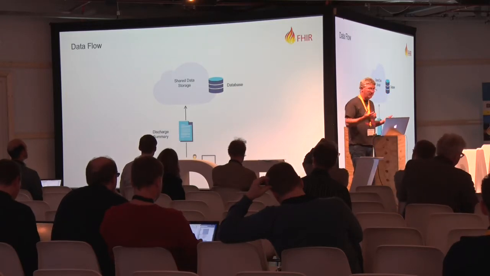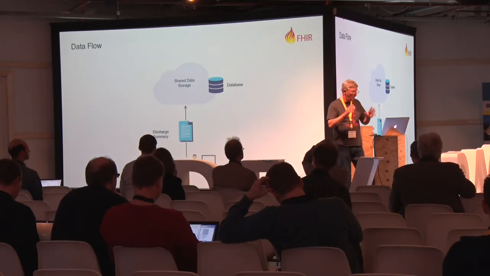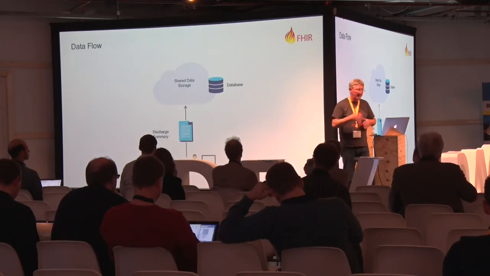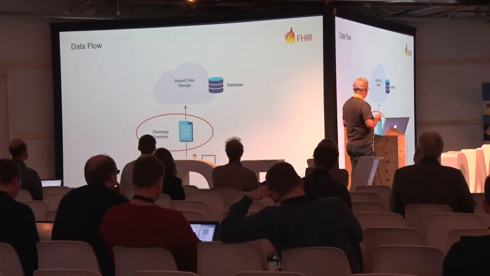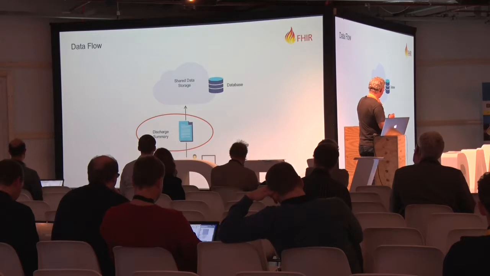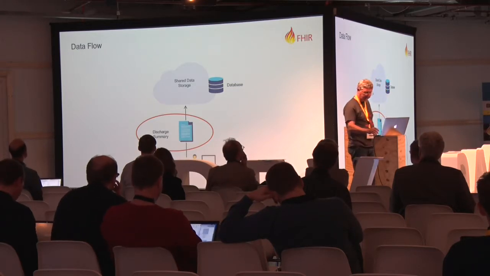Now, this won't always be the way that it works. In many jurisdictions, the discharge summary is sent from one person directly to another person. But fundamentally, it doesn't actually matter. The bit that we are concerning ourselves with here is the discharge summary itself, what's inside that discharge summary.